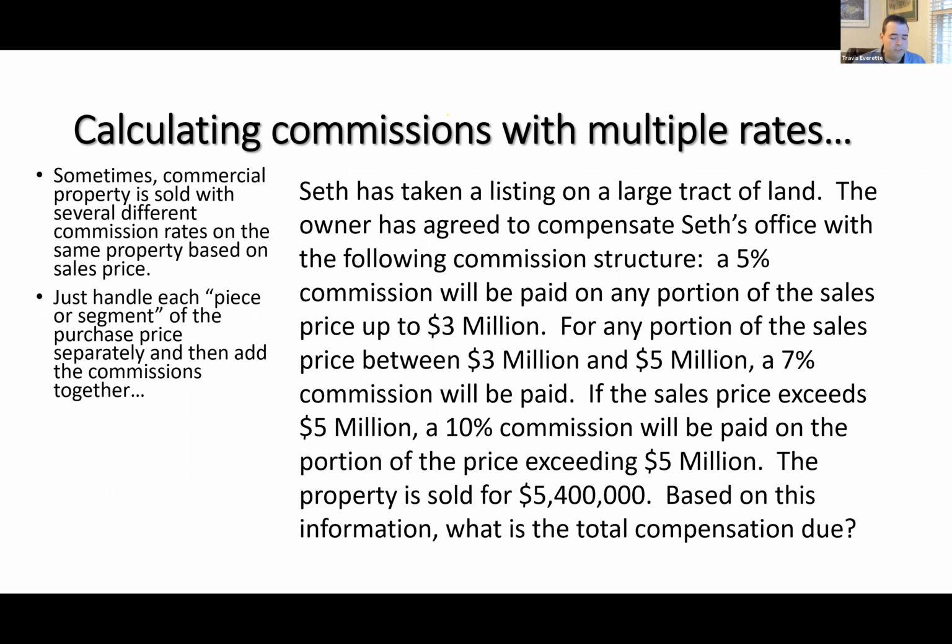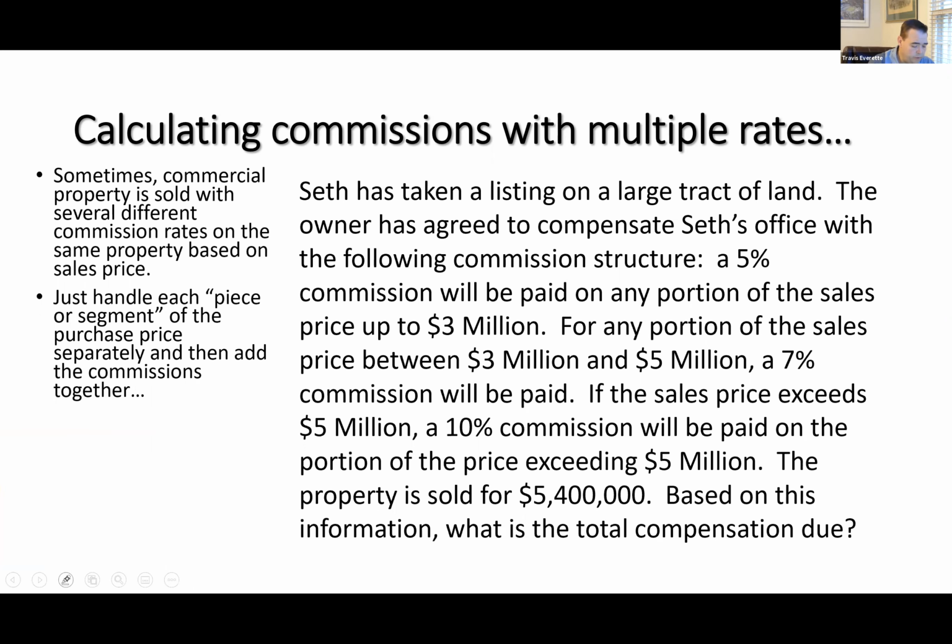For any portion of the sales price between $3 million and $5 million, a 7% commission will be paid. If the sales price exceeds $5 million, a 10% commission will be paid on the portion of the price exceeding $5 million. Not on the whole thing, just on the amount exceeding $5 million. It says the property sold for $5,400,000. Based on this information, what's the total compensation?